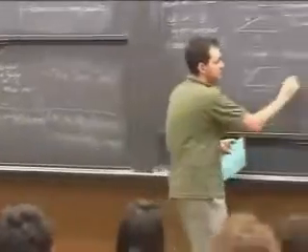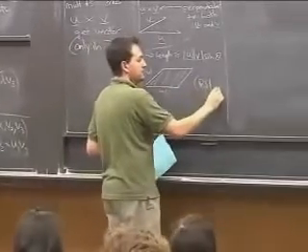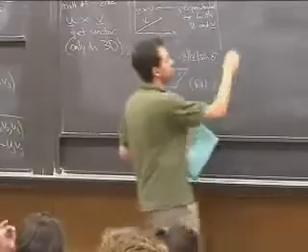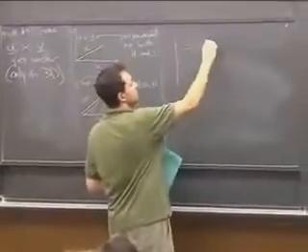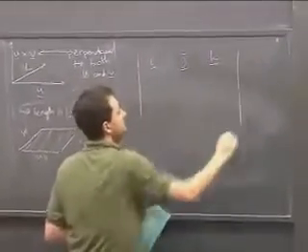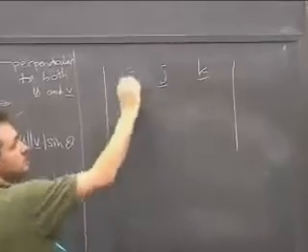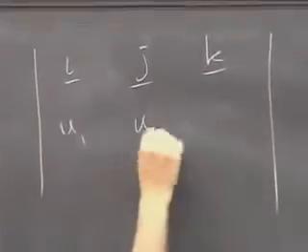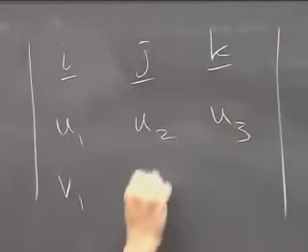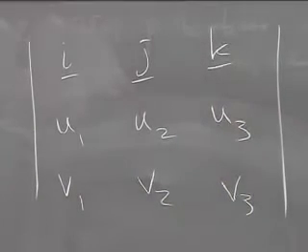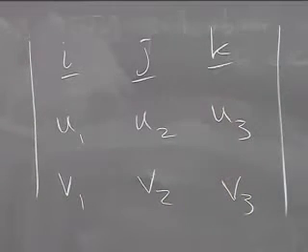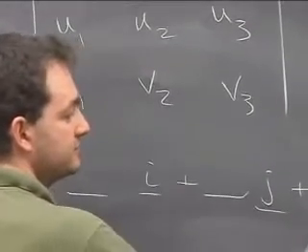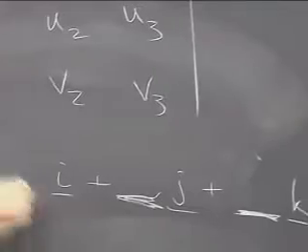All right, so you use the right-hand rule to tell which one. Now, the computation of the thing's a little bit messy. You've got to use a 3-dimensional determinant. You put i, j, k as vectors across the top, and then you put the coordinates of u and v below, and you will end up with some multiple of i plus some multiple of j plus some multiple of k, where you fill in the blanks.